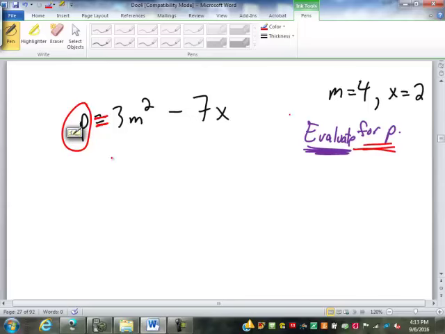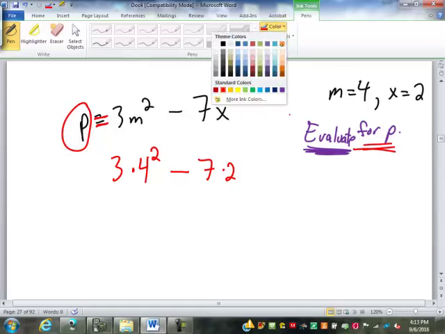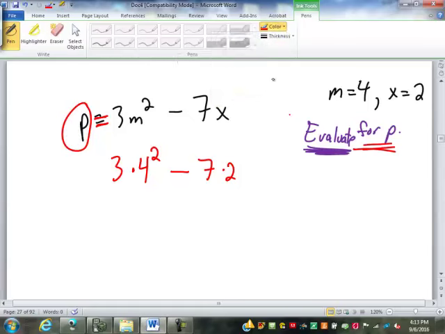So we're going to replace M with the number 4. So it's 3 times 4 squared minus 7. We're going to replace x with 2. So what do we have to do next? Exponents. 4 squared is 16. So we get 3 times 16 minus 7 times 2.